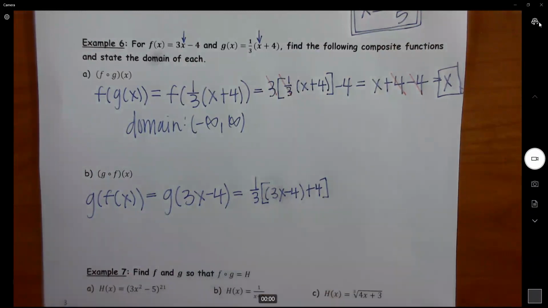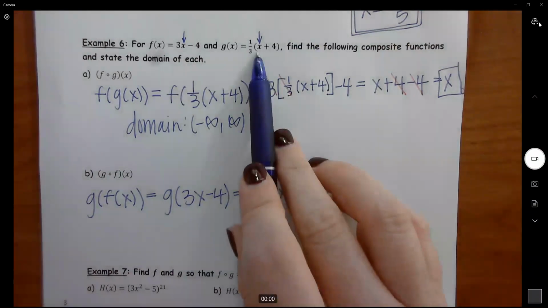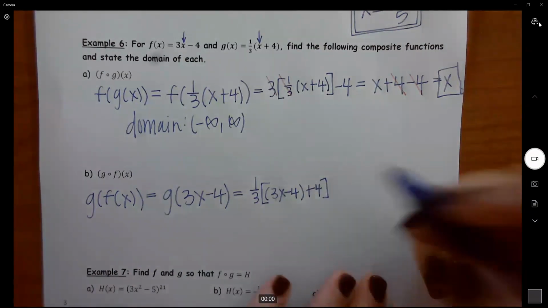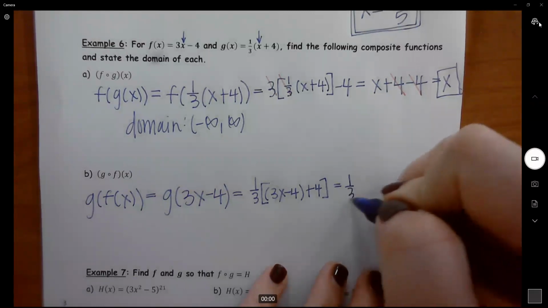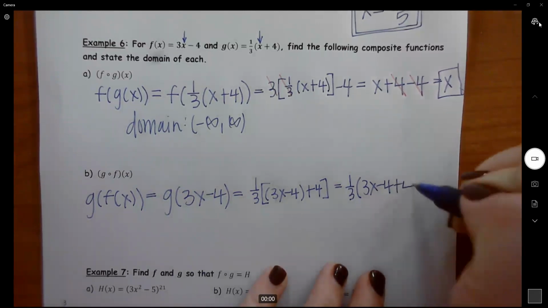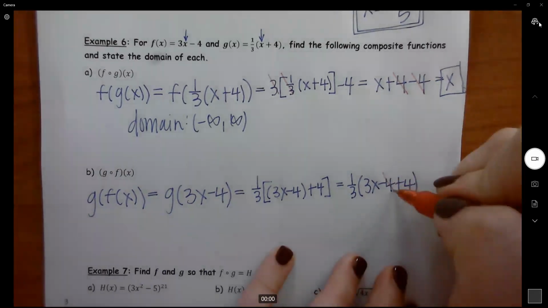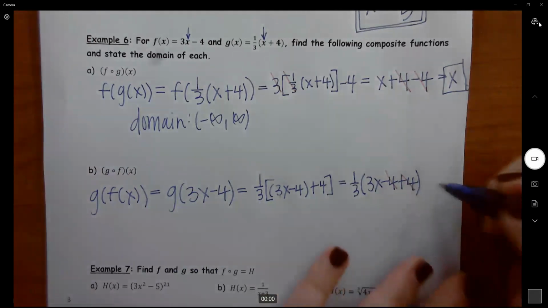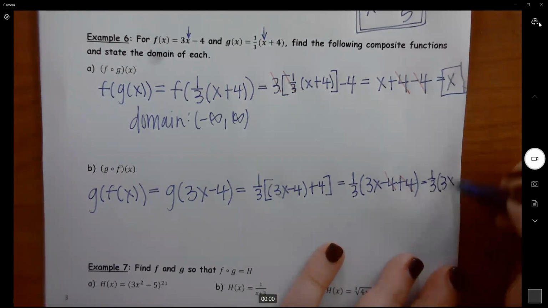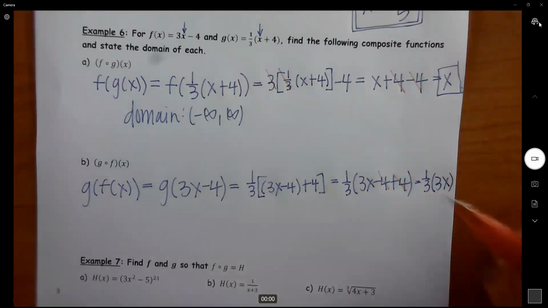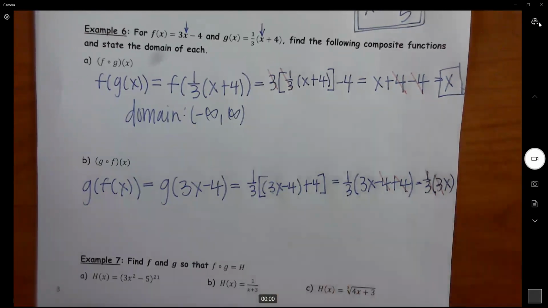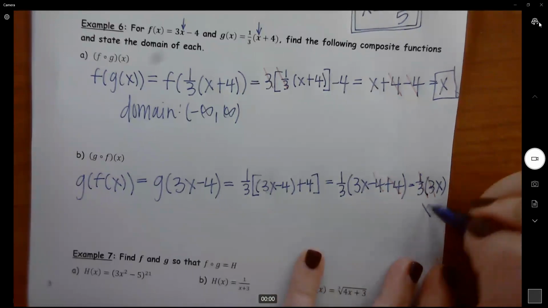I really don't need these parentheses here, but whenever I substitute in something for x, I like to put in parentheses. It just is a good habit to be in. So this is 1/3 times 3x minus 4, plus 4. Your 4's cancel. So I'm left with 1/3 times 3x. Again, 1/3 times 3, or 3 divided by 3, is 1. Those cancel, and I'm left with x again.